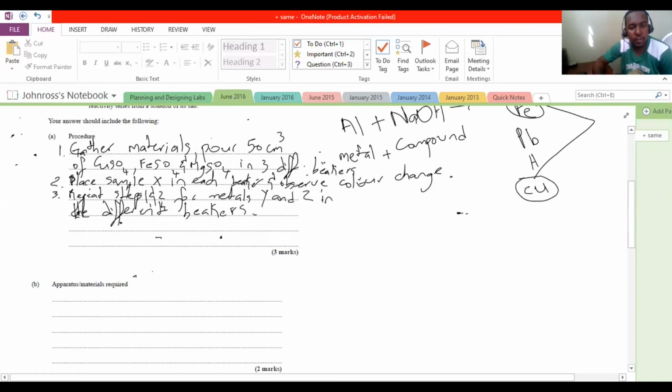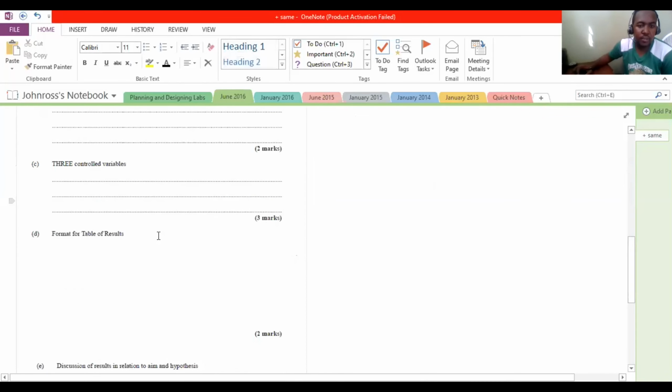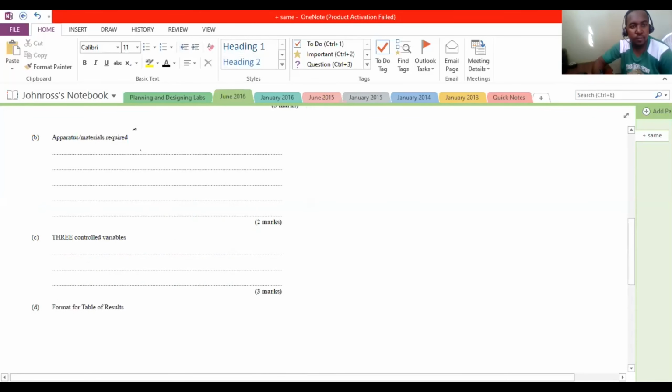So we're going to need our reagents. So let's write those. We have the copper sulfate, the magnesium sulfate, and the iron sulfate. So we need those. We need beakers.